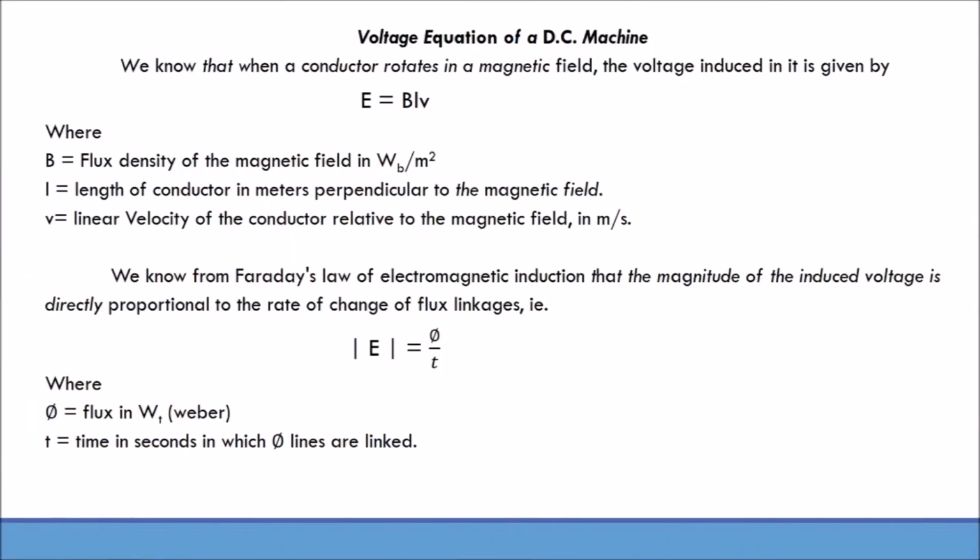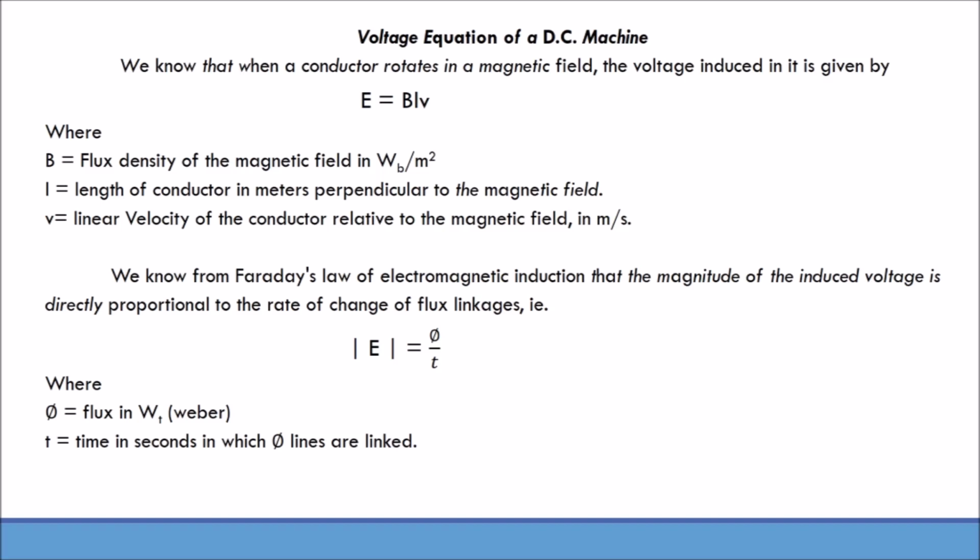We know that when a conductor rotates in a magnetic field, the voltage induced in it is given by E equals B L v, where B is the flux density of the magnetic field in Weber per meter square, L is the length of the conductor in meters perpendicular to the magnetic field, and small v is the linear velocity of the conductor relative to the magnetic field in meter per second.